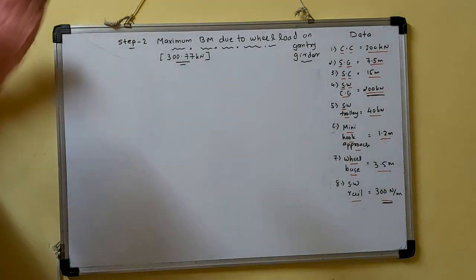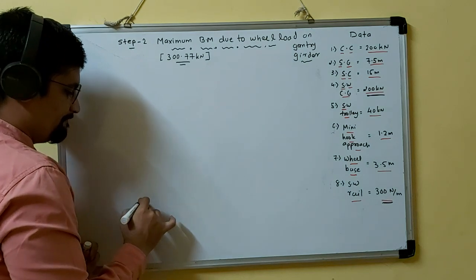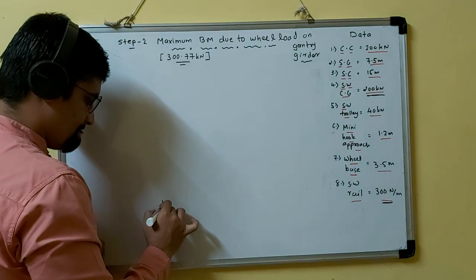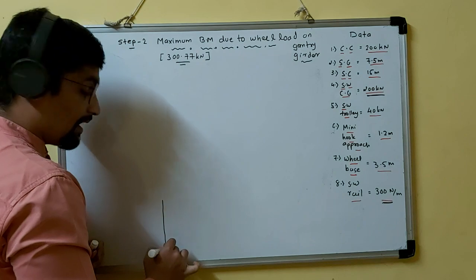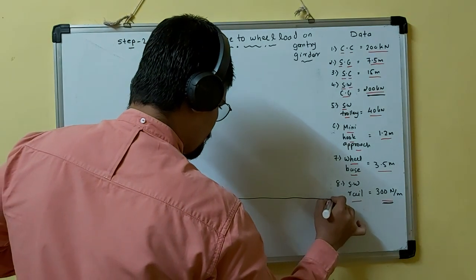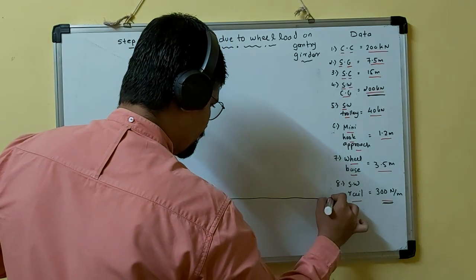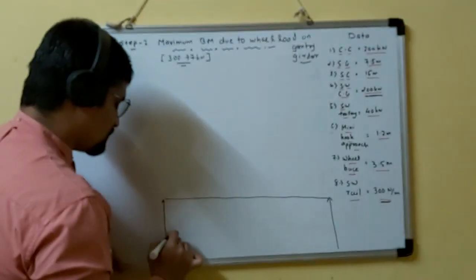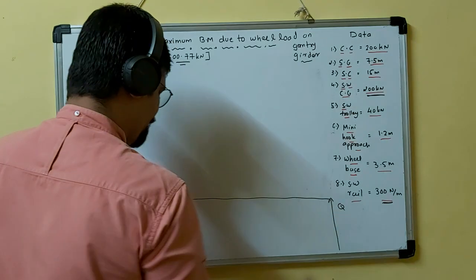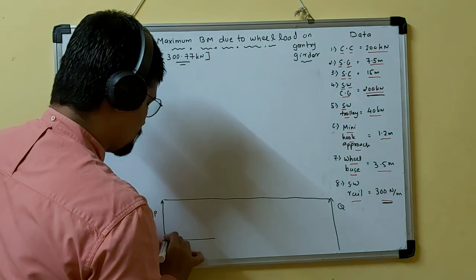So I am drawing here, and I will solve the question here. Now I am drawing the actual span. Okay, please be focused. This I was calling P, and this as Q. The span is 7.5 meter.